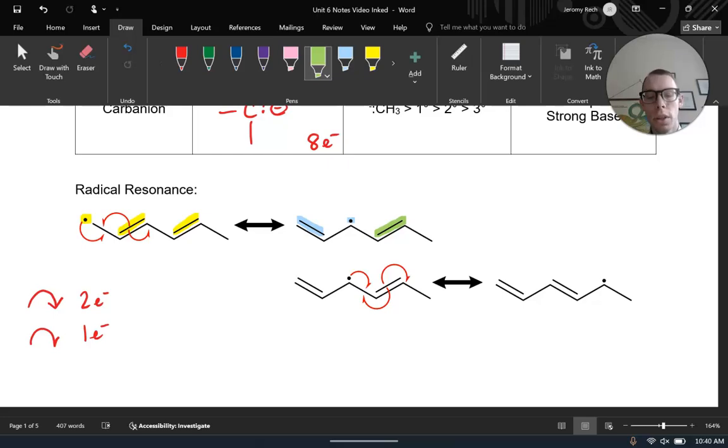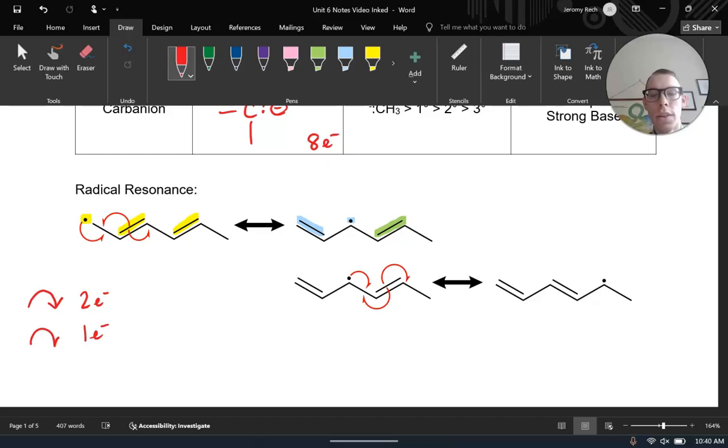And then directly below, just to avoid it being a little bit messy, I show that same process. You have your radical coming into the bond, double bond coming over, and then the remaining one going to a radical. Now, whether those arrows are on top or bottom doesn't truly matter.